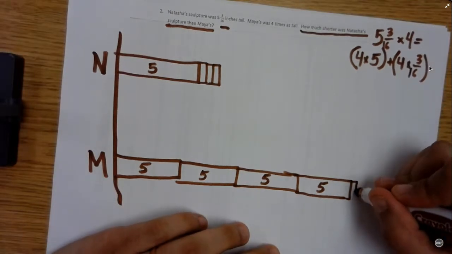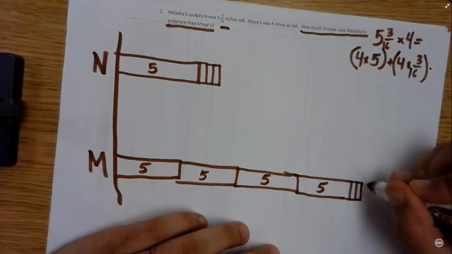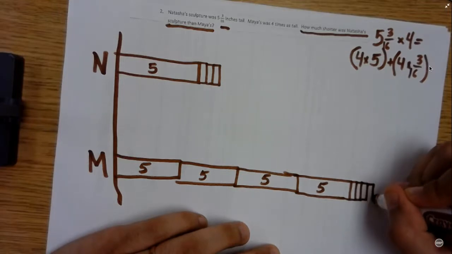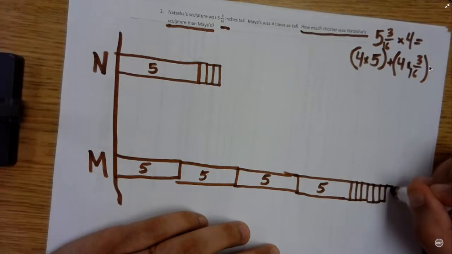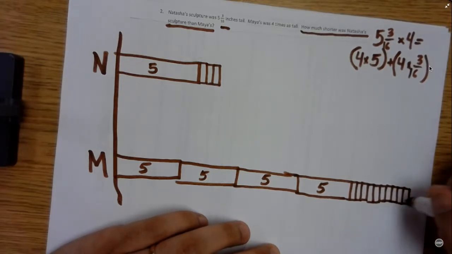Let me just quickly draw those. 1, 2, 3, 4, 5, 6, 7, 8, 9, 10, 11, 12.